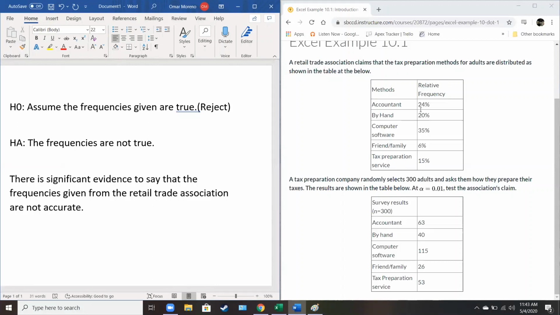So these frequencies that they gave me are not accurate.